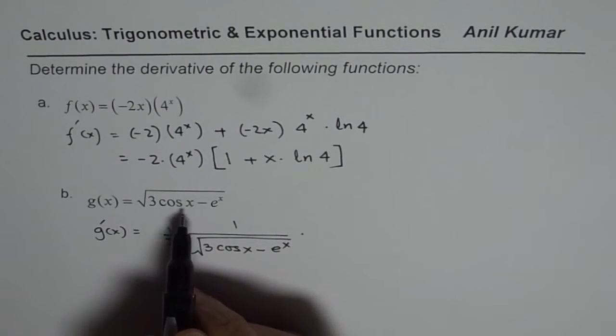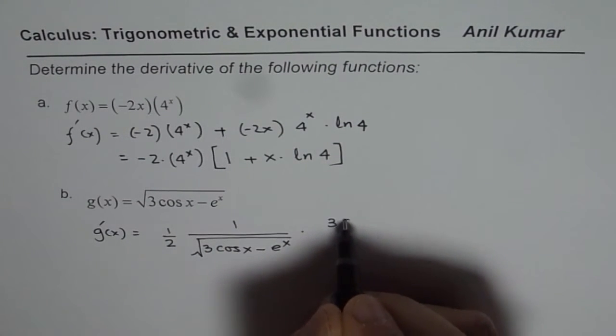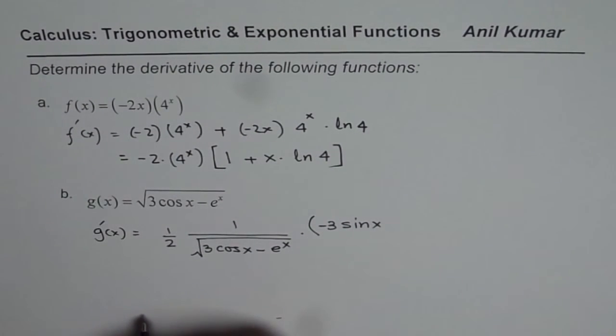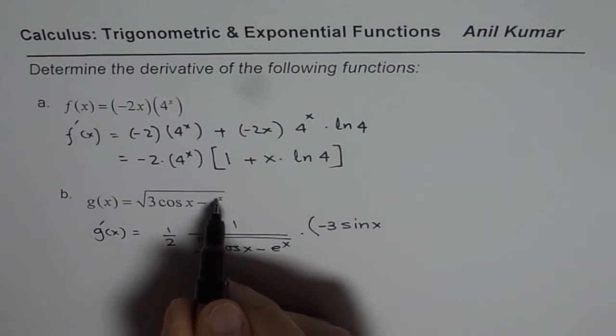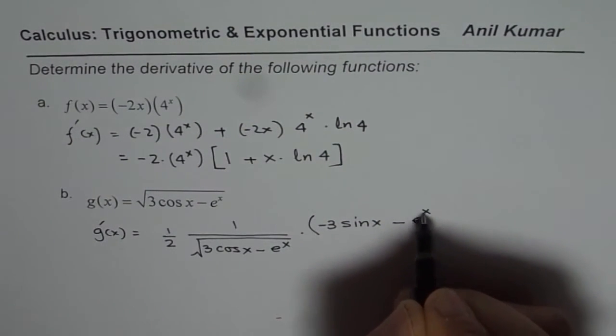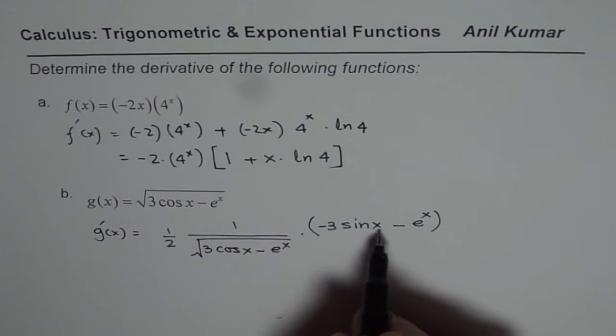The derivative of 3 cos x will be -3 sin x, with a negative sign, and the derivative of e^x will be e^x itself. So that is the derivative of this function.